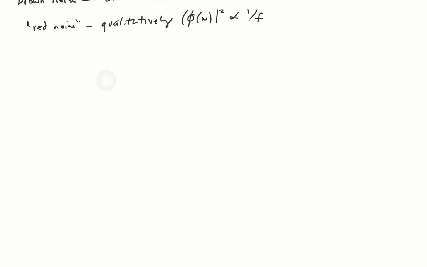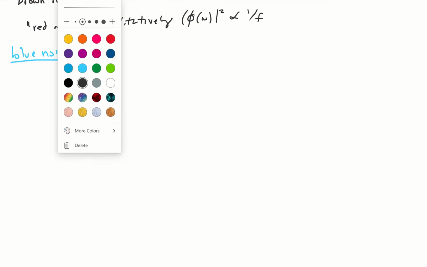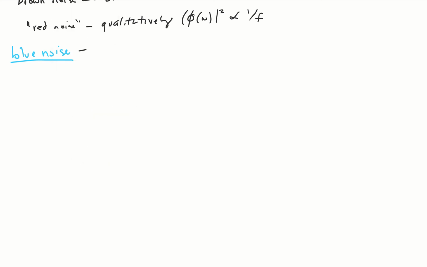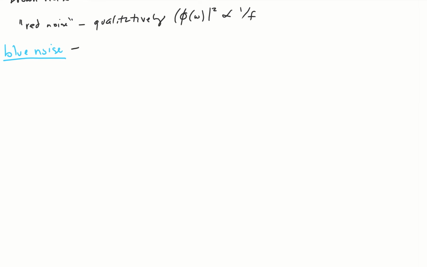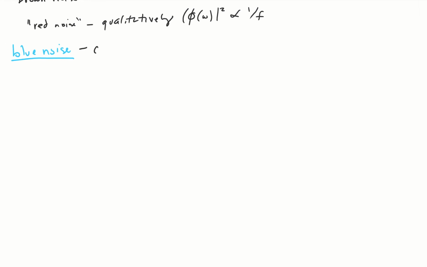Finally, the last noise I want to talk about is blue noise. Just like with the analogy to the electromagnetic spectrum, blue is the opposite end of the EM spectrum as red.